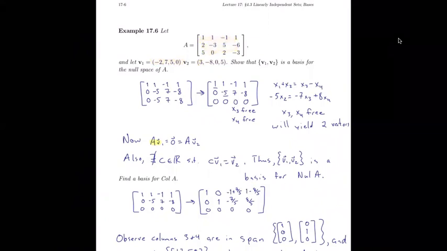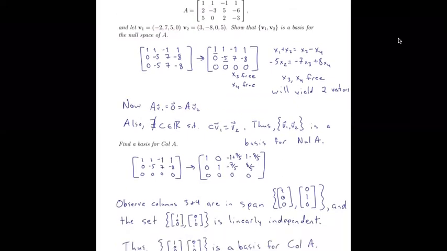It'll be a vector of three zeros. Similarly for A times V2, you'll see it'll be a vector of three zeros as well. So they are both in fact in the null space of A. That's good, and we expect there to be two vectors.